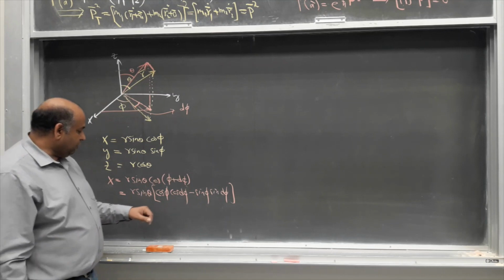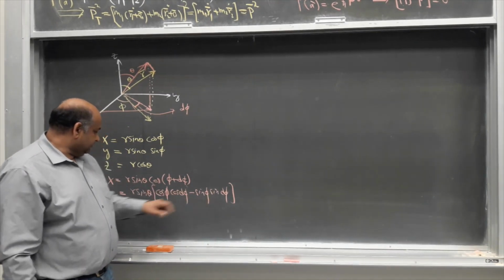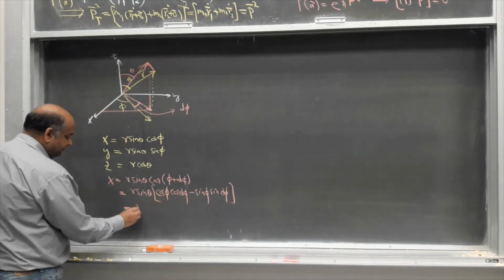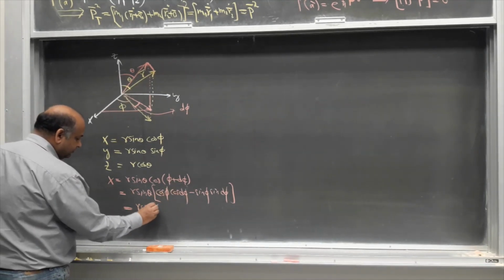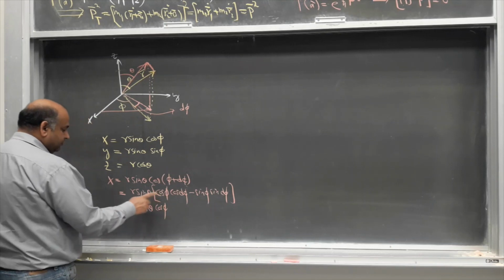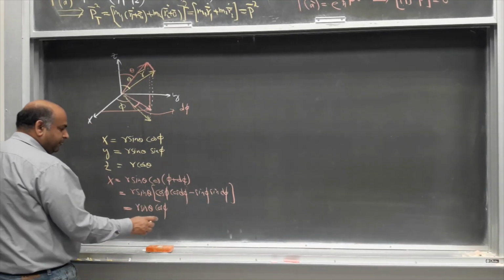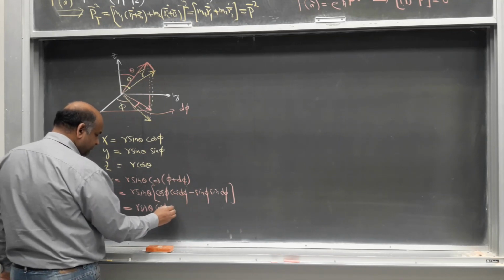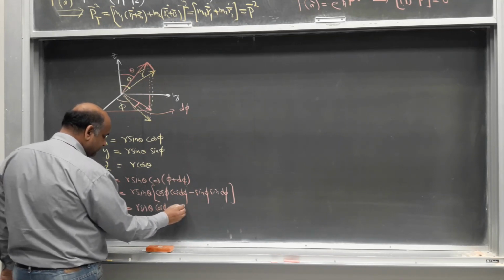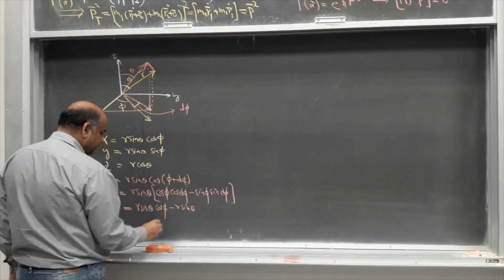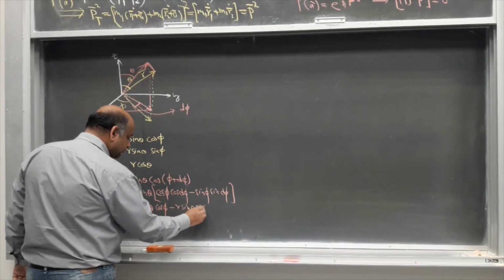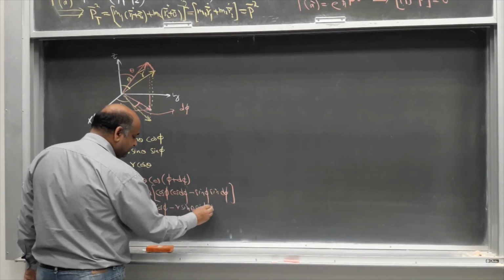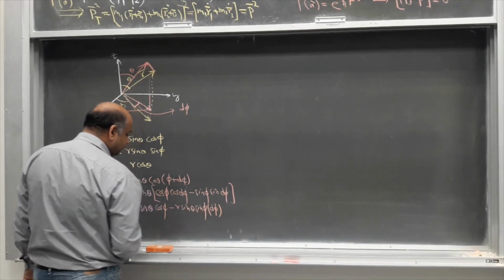Since d phi is small, we can take cos d phi to be roughly 1, and approximate sine d phi with just d phi.